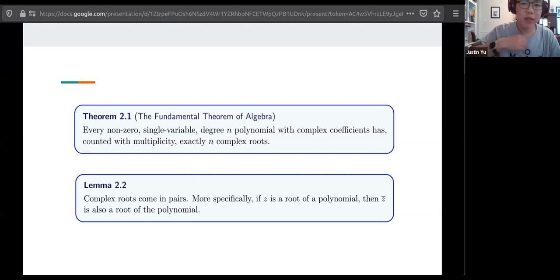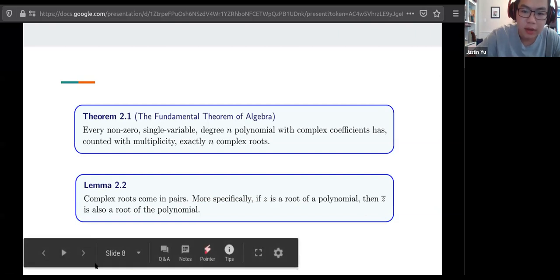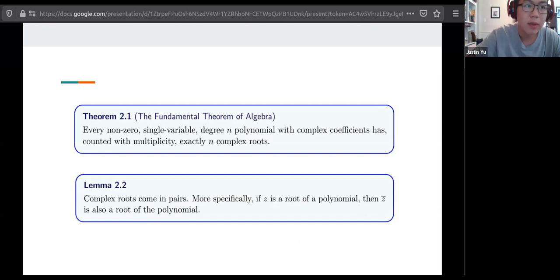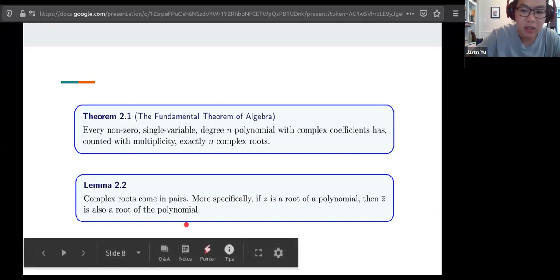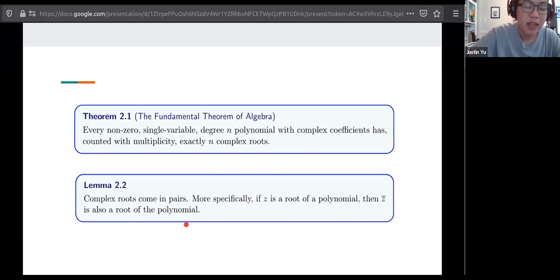Equally important is lemma 2.2, which is down here. And that's how you're going to want to think about complex numbers: they actually come in pairs. If a plus bi is a root of a polynomial, then a minus bi is also a root of the polynomial.